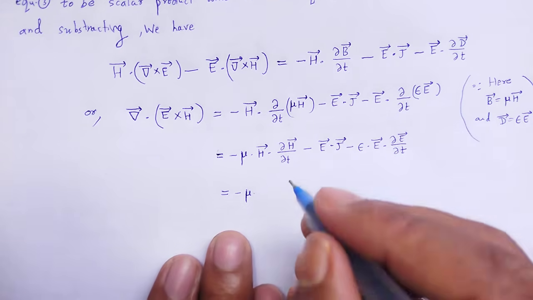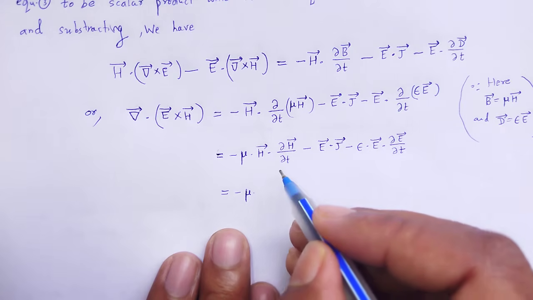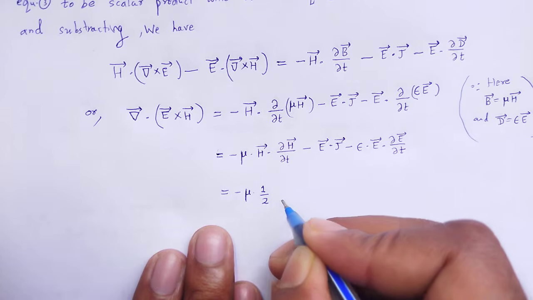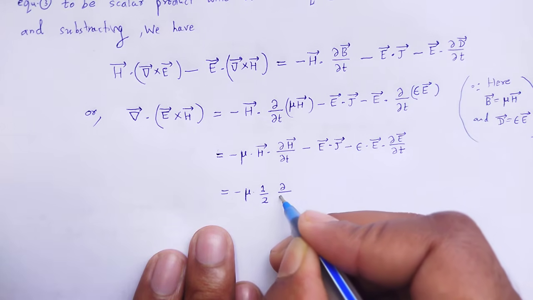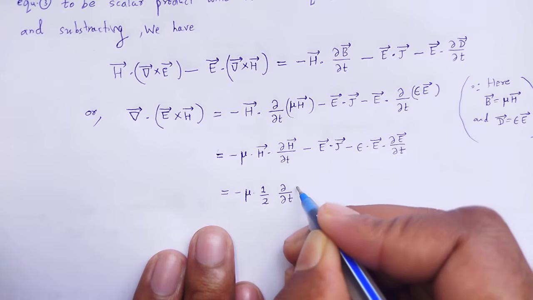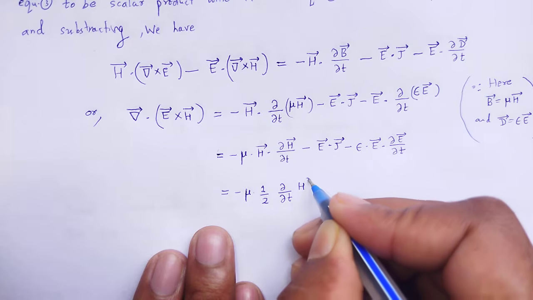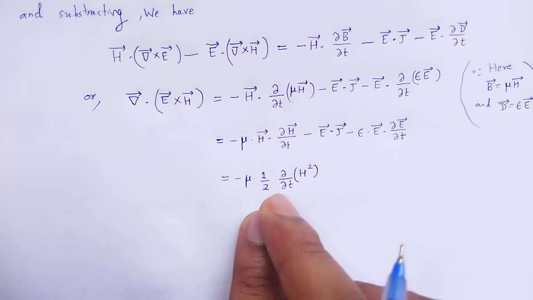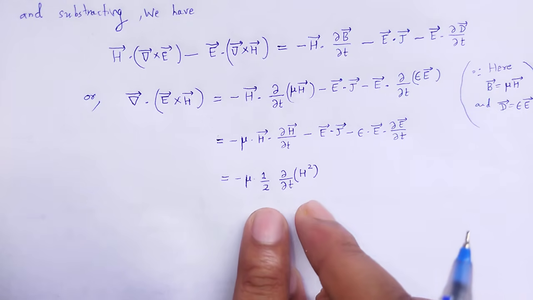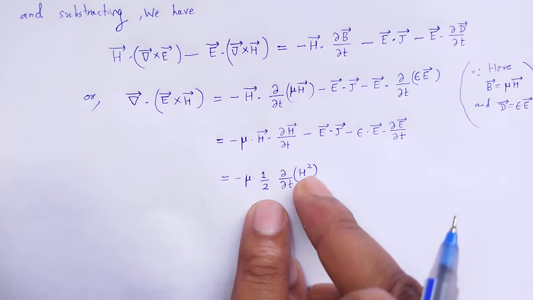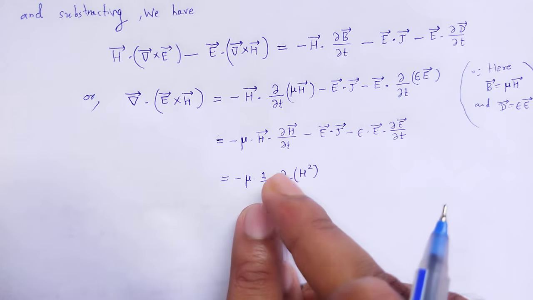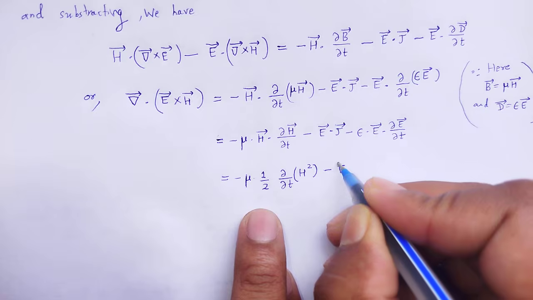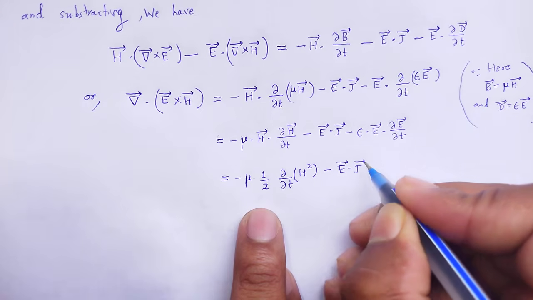Look at that equation, that term can be written as half del by del T of H square. When we take half del by del T of H square, the 2s cancel out that expression, minus E dot J.